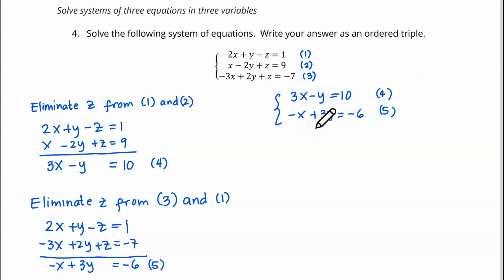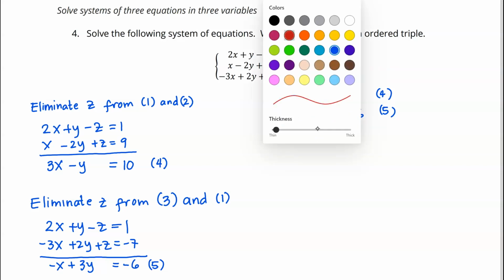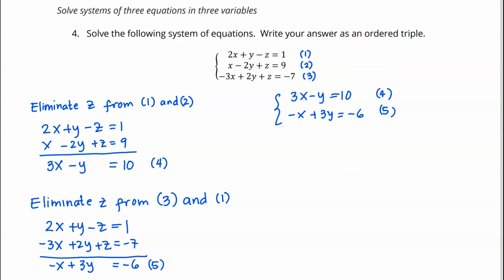So maybe we can go ahead and eliminate x in the equation. So we can do that by multiplying equation 5 by 3. Multiplying 5 by 3, we get negative 3x plus 9y equals negative 18 for equation 5.